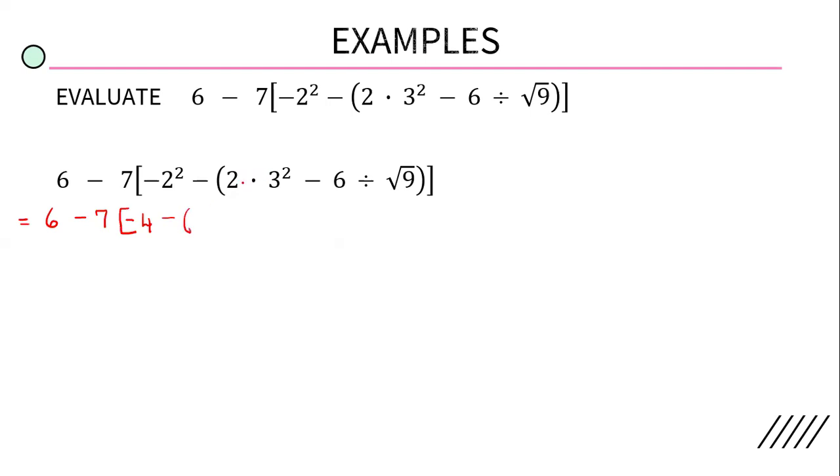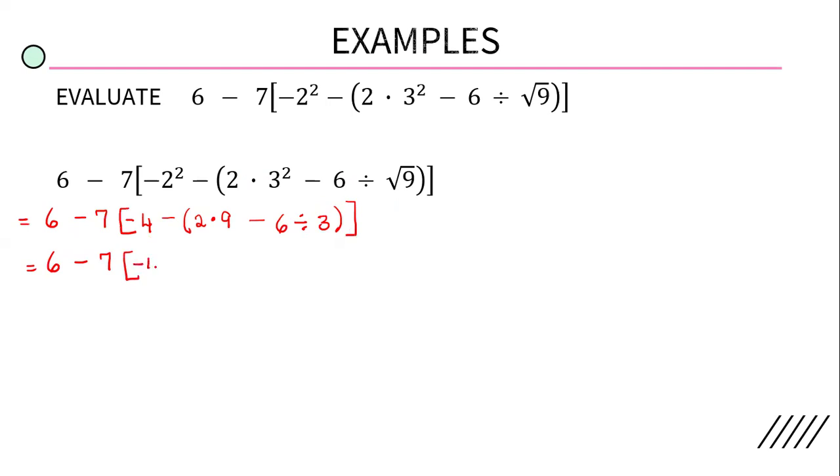Subtraction sign. Dealing with my bracket and sign. I have 2 times 9. 3 squared is 9. Subtracting 6 divided by the square root of 9, which is 3. Close bracket, close bracket. Bringing down my 6 minus 7.